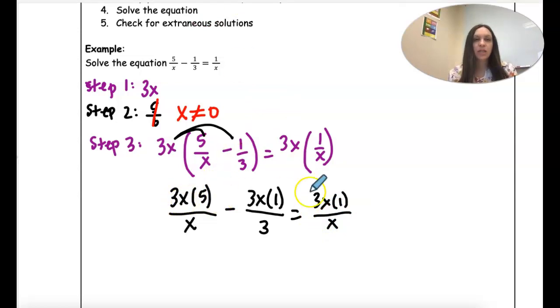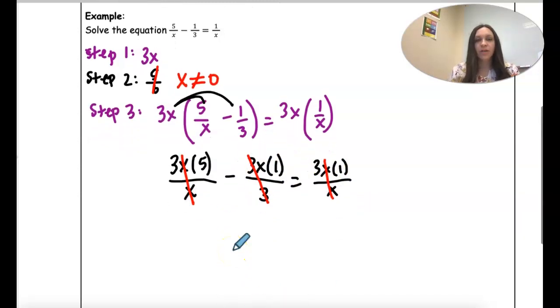So because it was the common denominator, each one is going to cancel out the denominator. There's our x's, there's our 3's, there's our x's. So what we're left with is 3 times 5, x times 1 equals 3 times 1.